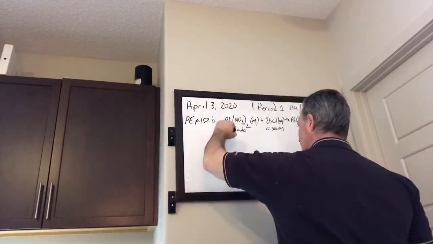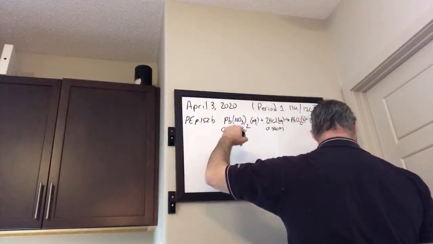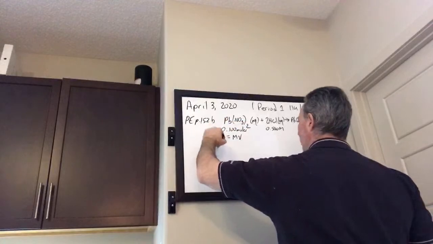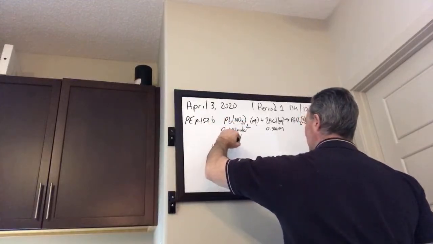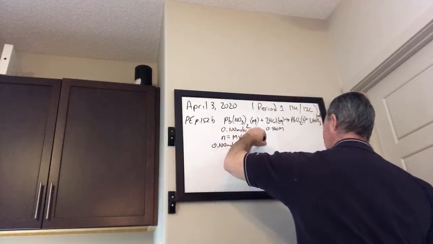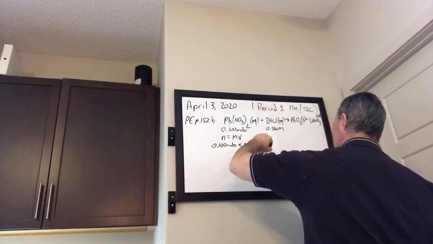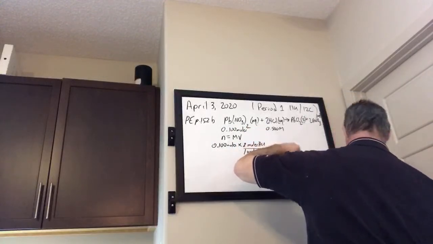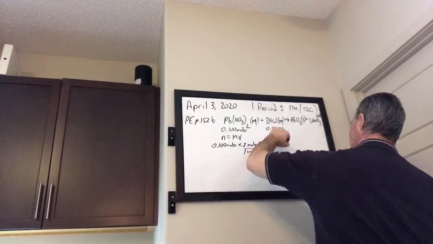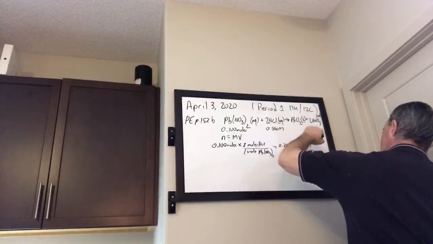So because n is equal to MV, and you have 0.1 moles of this stuff, and you need 2 moles of HCl for every 1 mole of plumbous nitrate, then you're going to need 0.2 moles of HCl.